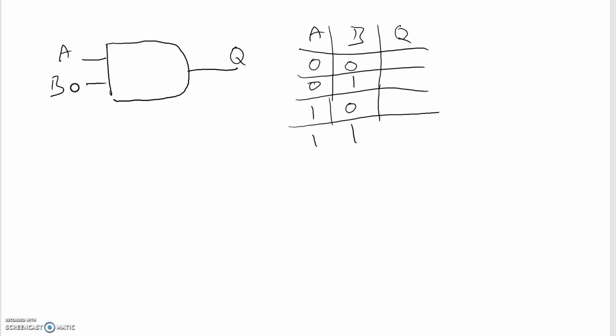So for an AND gate, Q is only 1 if A and B are 1. So A and B are 0, so Q is 0. A and B, one of them is 0, but it's not both of them. 0, 0, but here at the bottom, both A and B are 1, so Q is 1. So that is the AND gate.